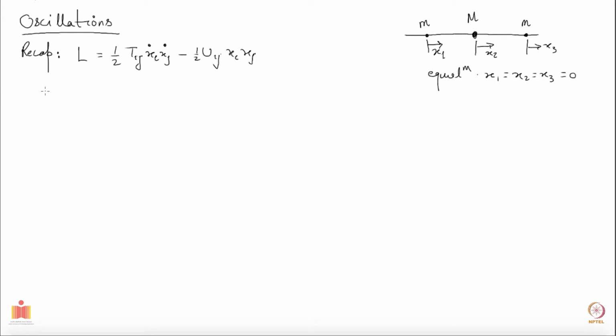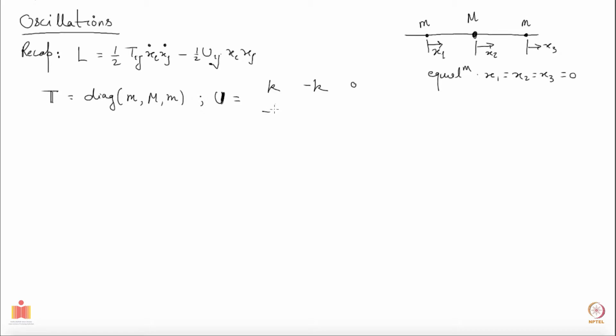The matrix corresponding to T_ij I was writing as this T. This is just a diagonal matrix with these entries. And we had written down U. Maybe I should write it down again. The matrix corresponding to U_ij I was denoting by this U, boldface basically. This U is equal to K minus K0.